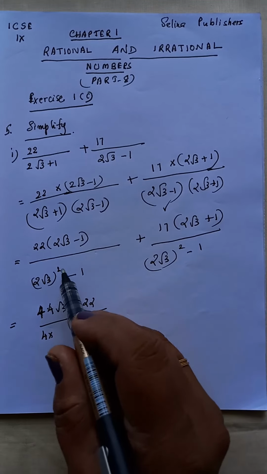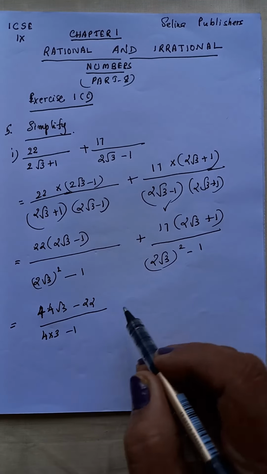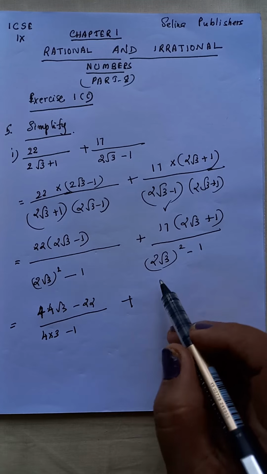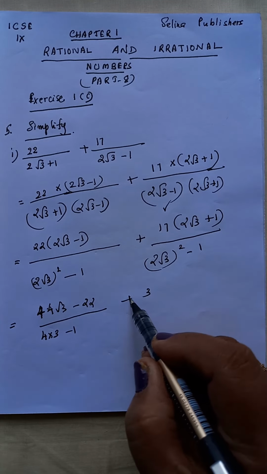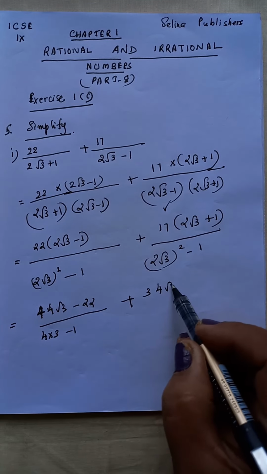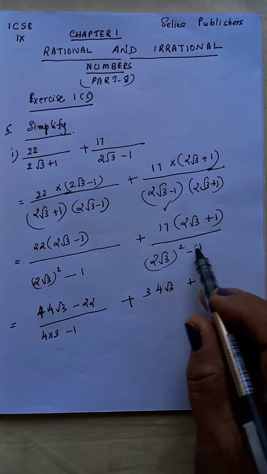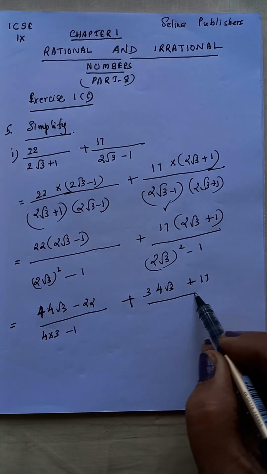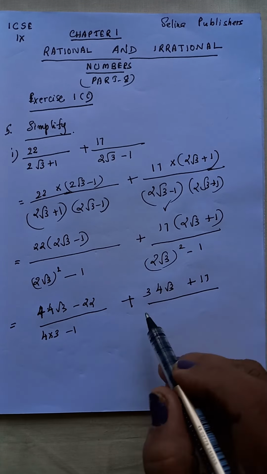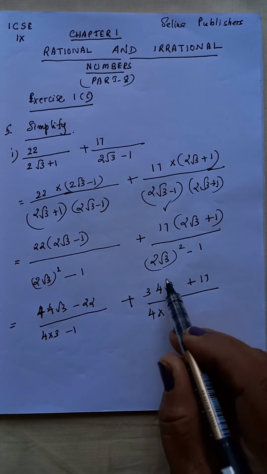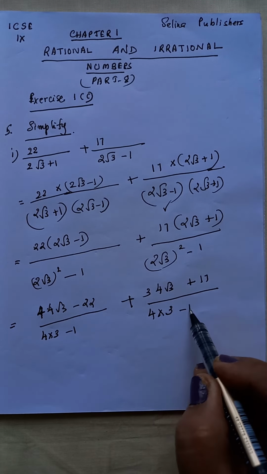That into root 3 square is 3 minus 1 plus 17 into 2, that is 34. Then root 3 is there. That plus 17 into 1, 17, divided by here also 2 square is 4. That into root 3 square is 3 minus 1.